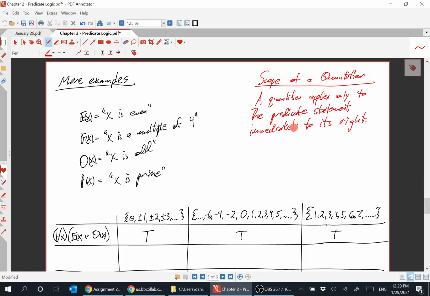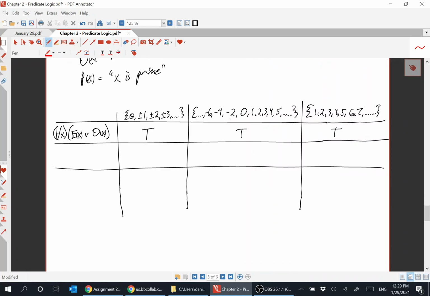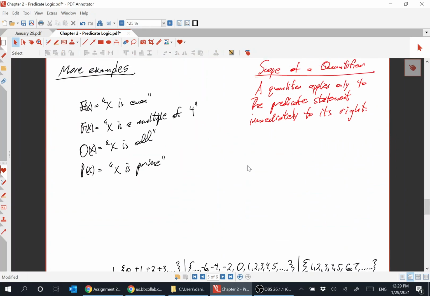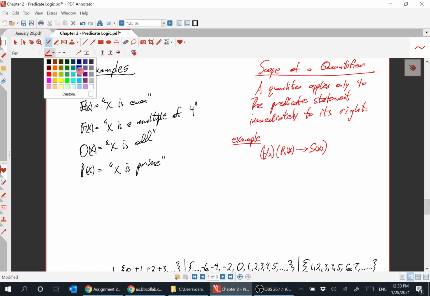For example, if I was to write for all x, Rx implies Sx, the scope of this quantifier applies to the statement immediately to its right.